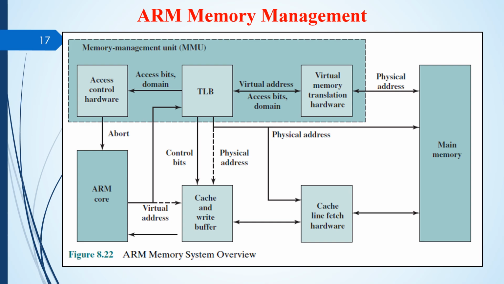So, to summarize, ARM systems are simple, energy efficient, and ideal for mobile and embedded devices. The flat memory model makes addressing fast, and the MMU, when present, provides translation, protection, and virtual memory. In embedded systems, the MMU can be minimal, allowing direct access to physical memory.